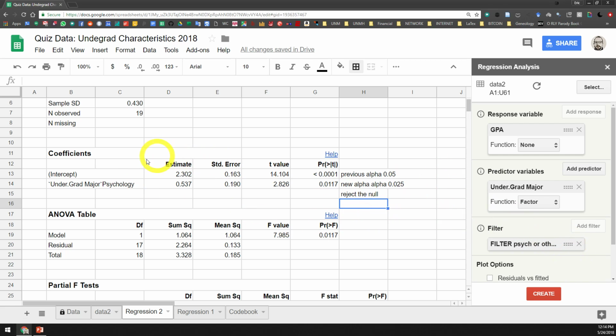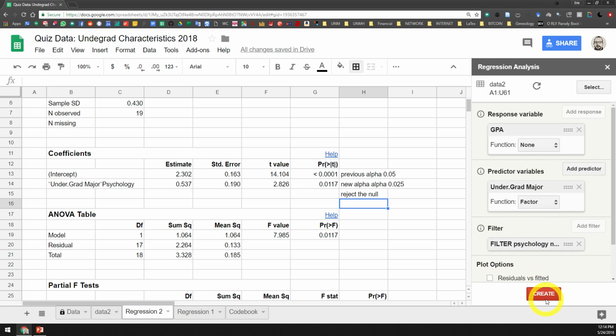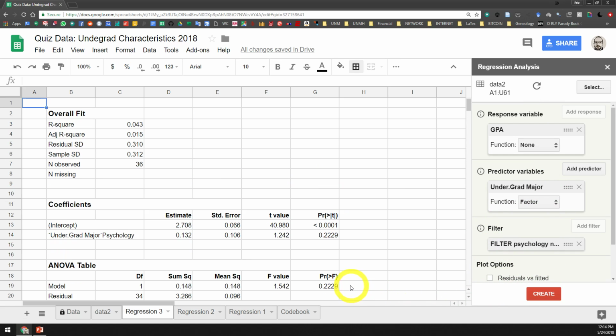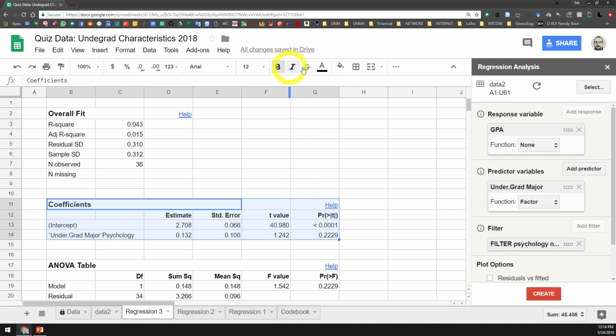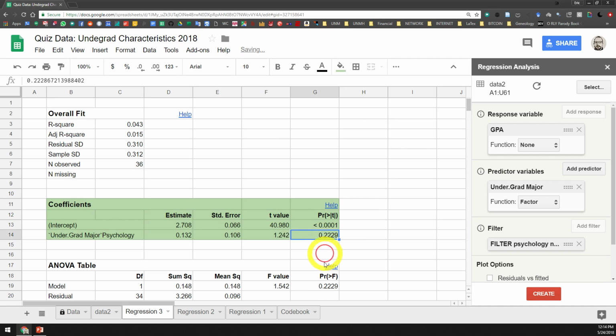If we wanted again to look at the other comparison, which was psychology to no major declared, we just hit OK. We'll hit create, and we're going to zoom in and focus on this coefficients output. We jump to the p-value. Ignore this intercept p-value. Just ignore that.